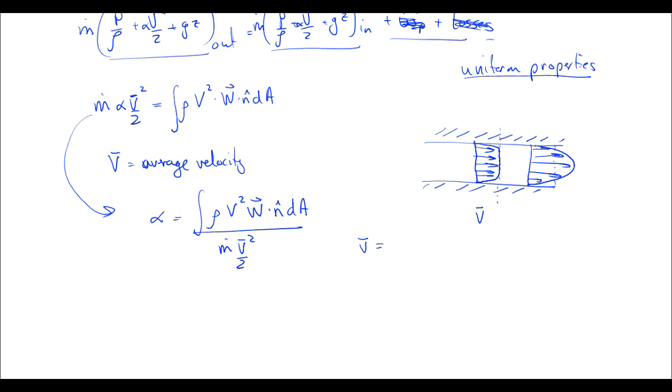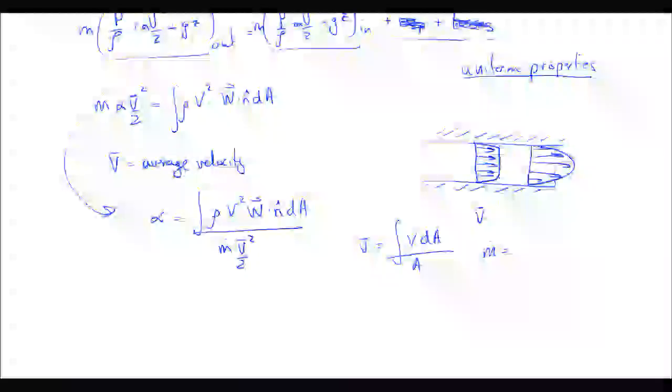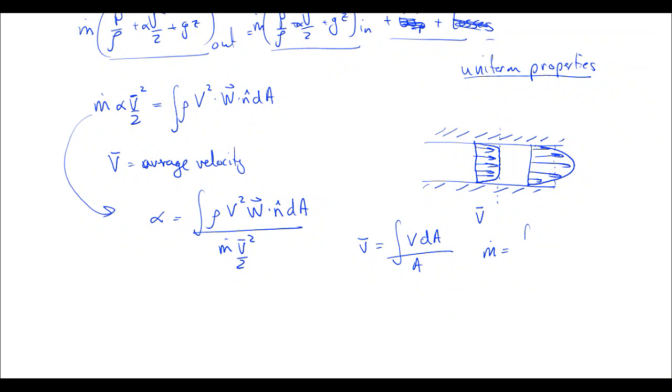V bar, our average velocity, is equal to the integral over our area of our velocity, dA, divided by our area. And remember, your m dot is equal to the integral of your rho times w dot n hat dA.